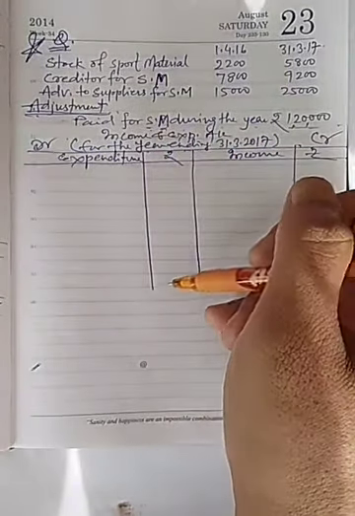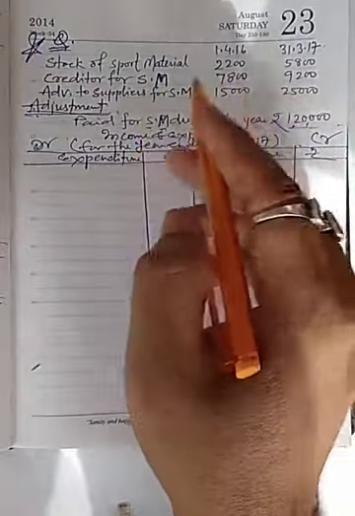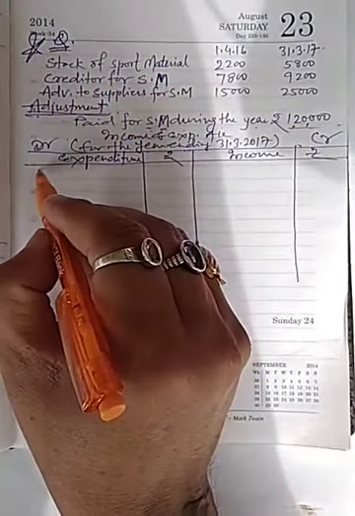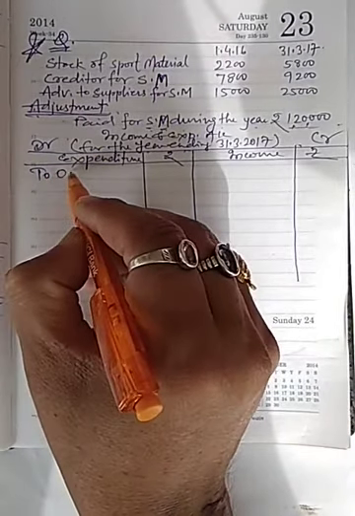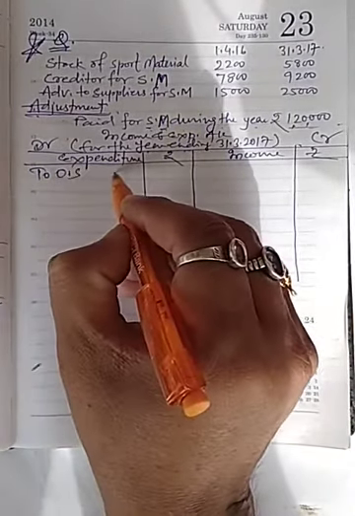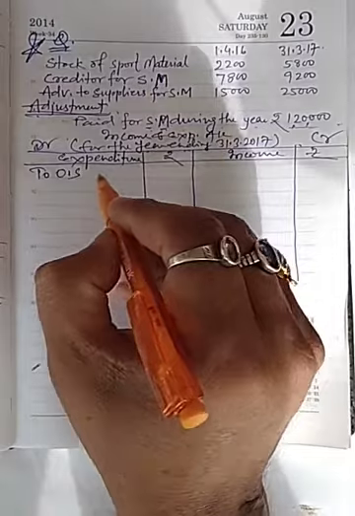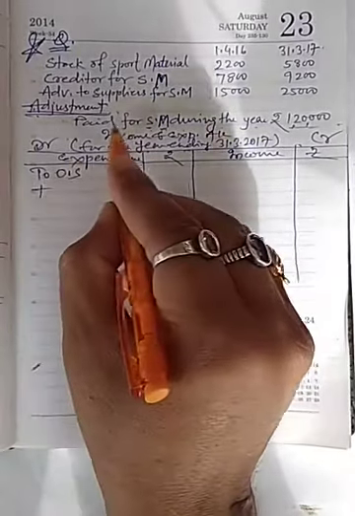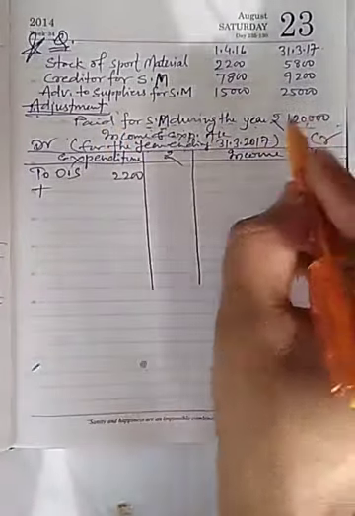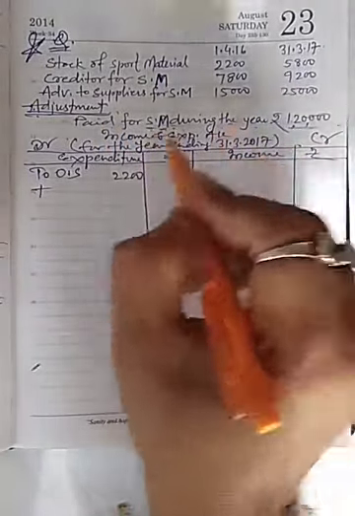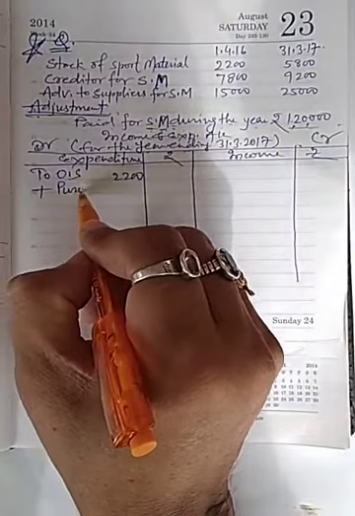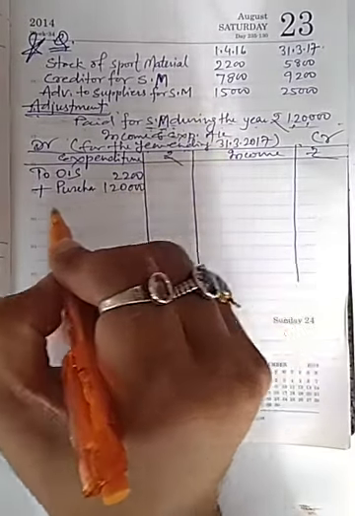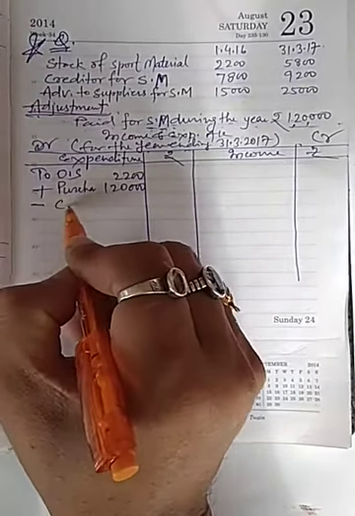Now I will put the stock of sport material, the opening stock. In short, 2,200, plus purchase, meaning paid for sport material. Purchase during the year 1,20,000, minus closing stock.